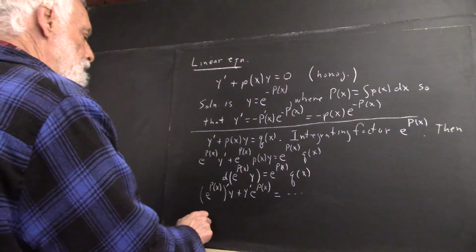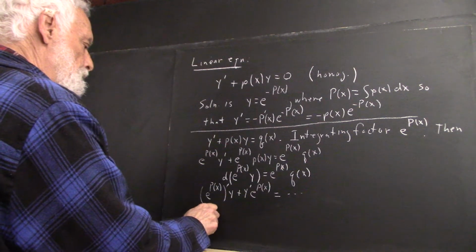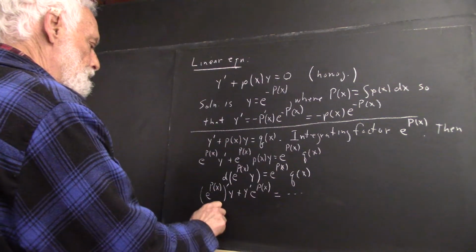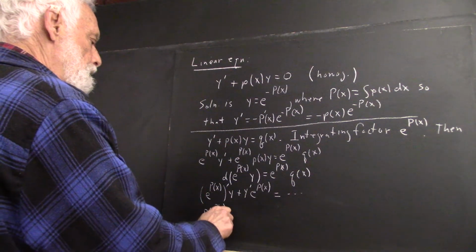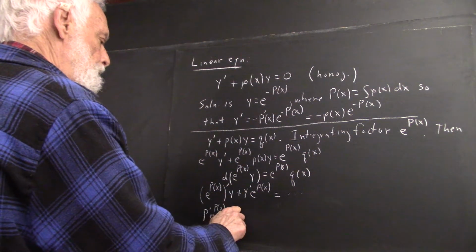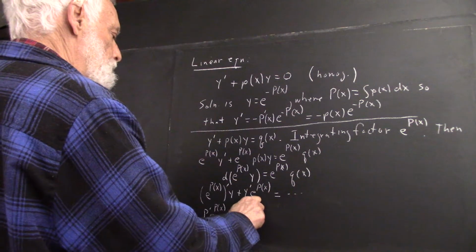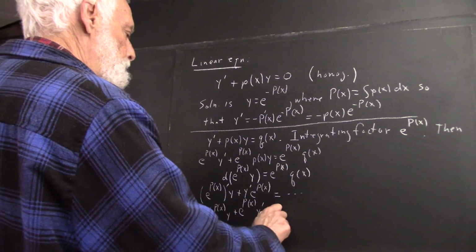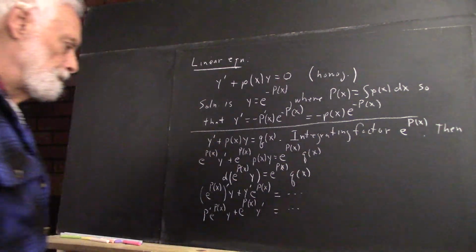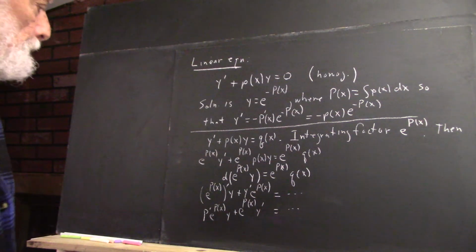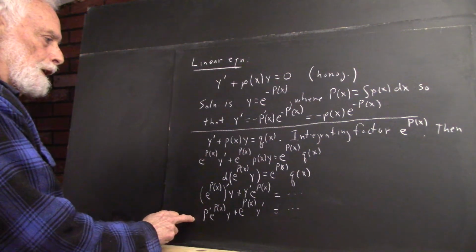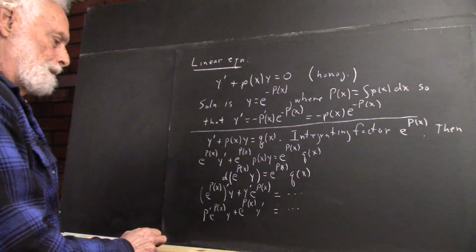So when I take the derivative of this, I get p prime e to the P of x y plus e to the P of x y prime equals this. And p prime is just little p of x.